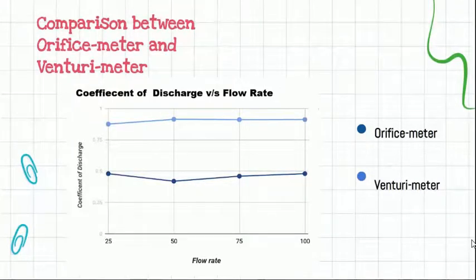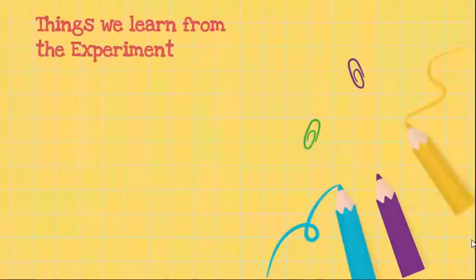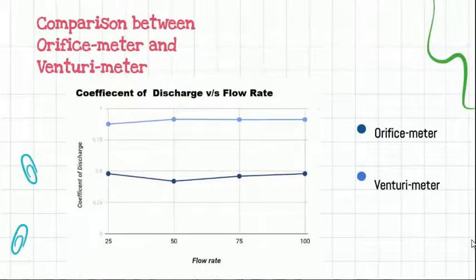As you can see from the table in the above slide, we can conclude that the average coefficient of discharge is 0.46, and it is pretty much low. So as PK explained, coefficient of discharge can be considered as efficiency. So if we consider the efficiency of an orifice meter, it is very low when compared to a Venturi meter.